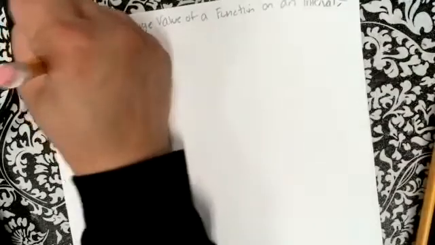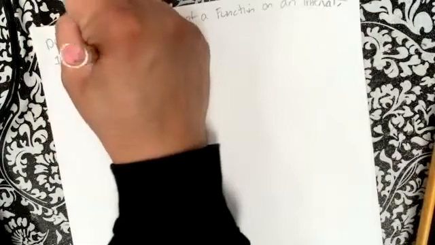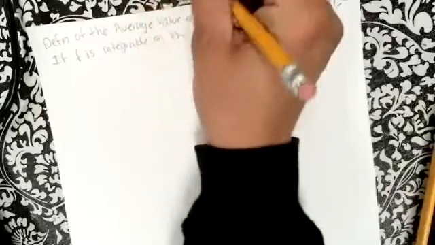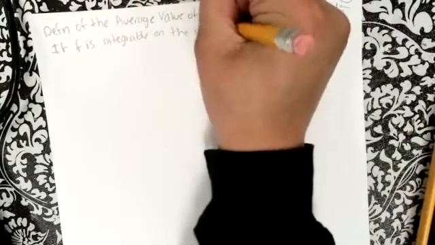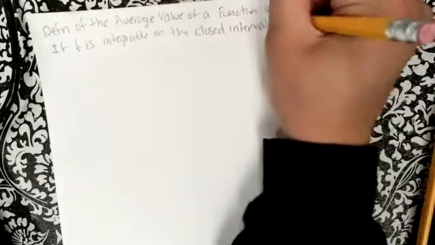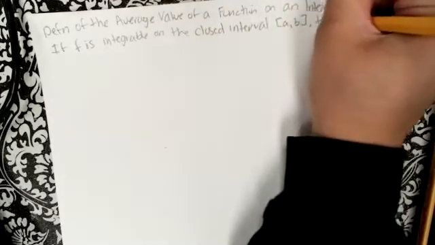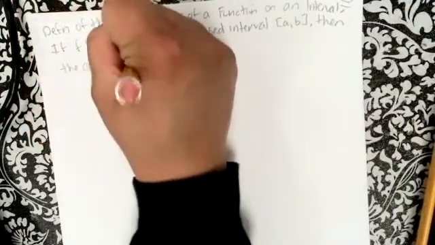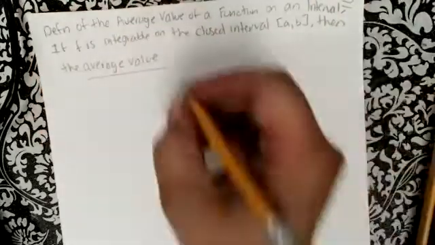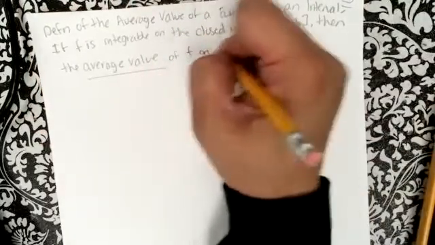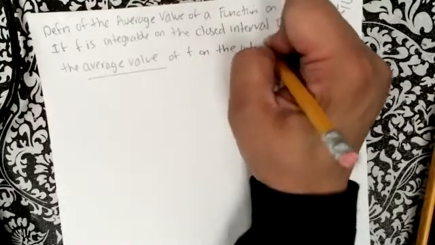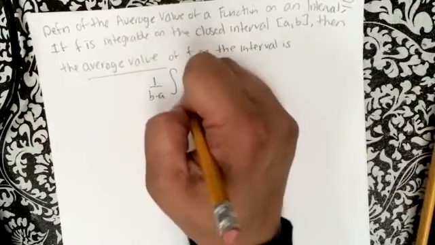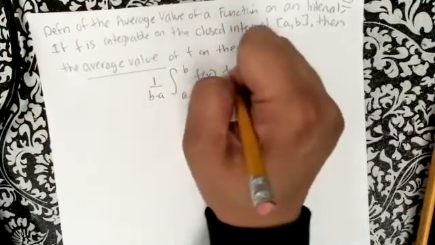If f is integrable on the closed interval from a to b, then the average value of f on the interval is given by 1 over b minus a times the antiderivative from a to b of f of x dx.